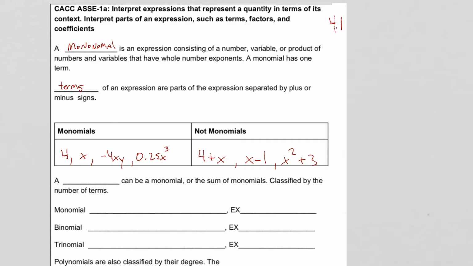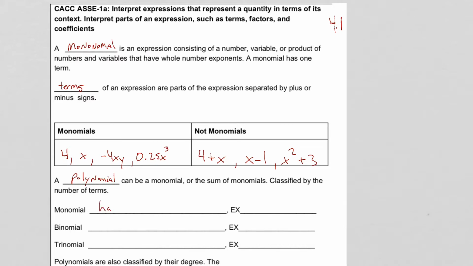So a polynomial, right, that stands for more than one, can be a monomial or the sum of monomials, classified by the number of terms. So most of our work in Math 2 is going to be dealing with polynomials, and that's just simply, it could be a monomial, but typically it's more than one.